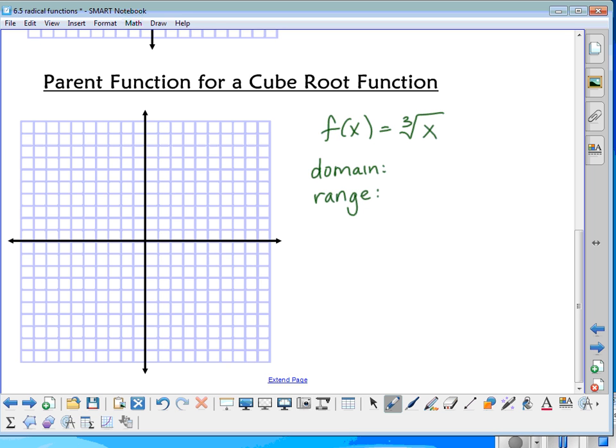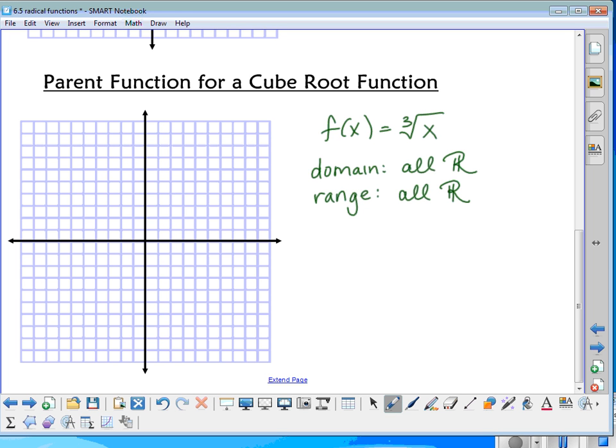Can I take the cube root of a negative? I can, right? Like the cube root of negative 27 is negative 3, right? Okay, so for this one, the domain and range are both going to be all real numbers, because we can have both positive and negative numbers on these.